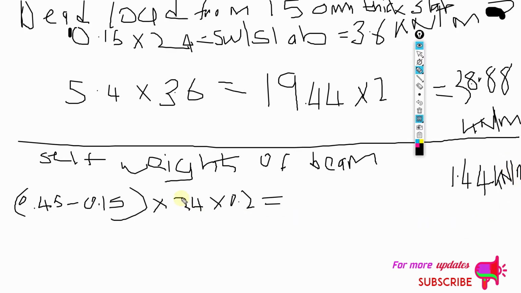Okay, so now we need to calculate the weight due to the masonry wall.